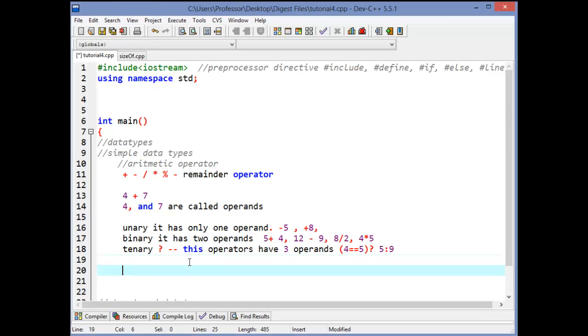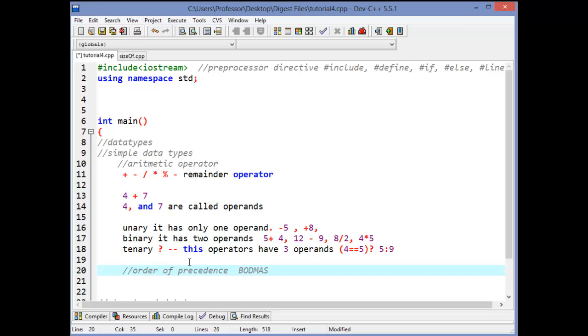Now we have something we call order of precedence. Is that okay? In mathematics it's equivalent to what we call BODMAS. That is bracket, of, division, multiplication, addition, subtraction. BODMAS.